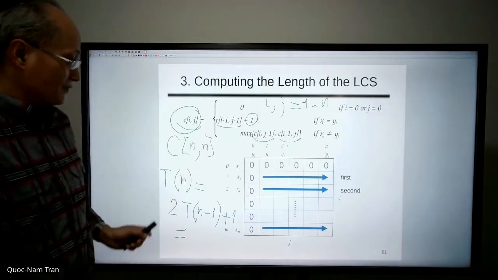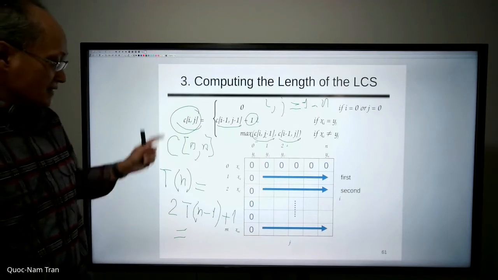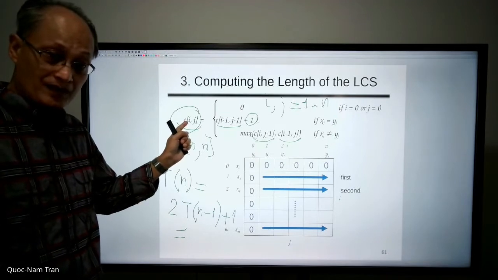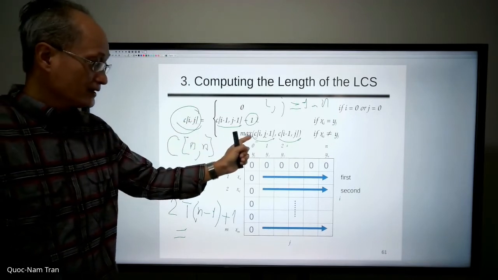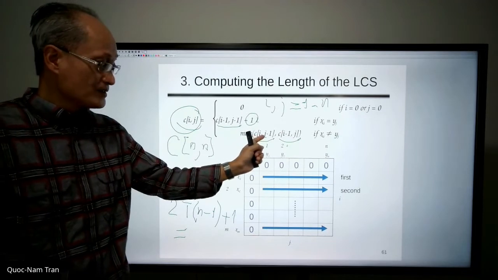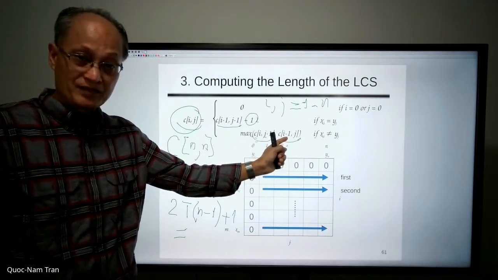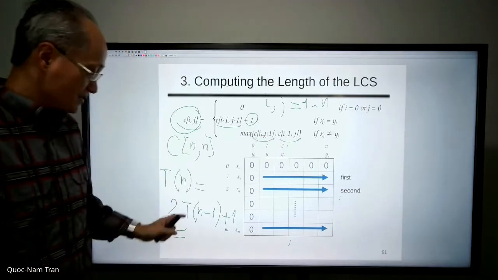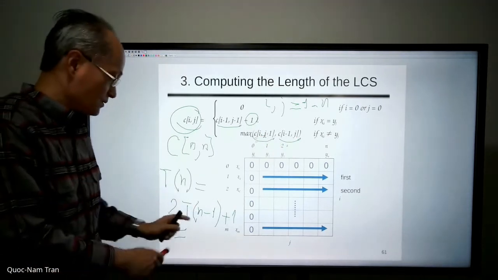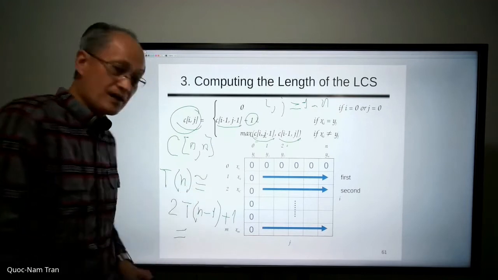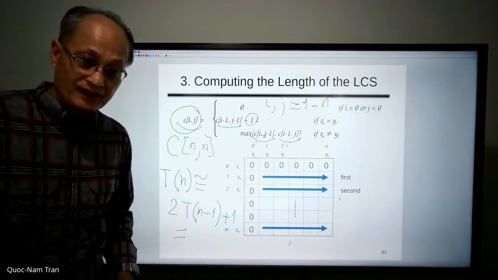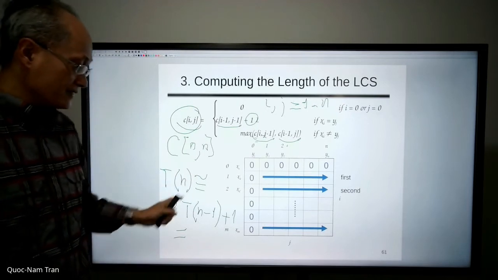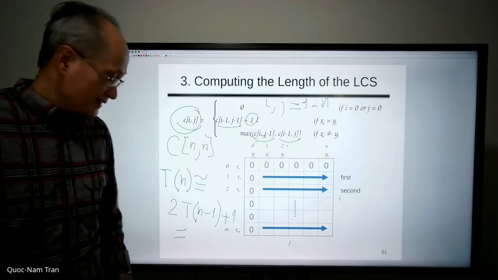But when we analyze it, we see that T(n), where n is the max value of both i and j, will be T(n minus 1) and T(n minus 1), right? Because we reduce one side by one. So it's very close to 2 T(n minus 1). Or more precisely, it is greater. Then what is T(n)?